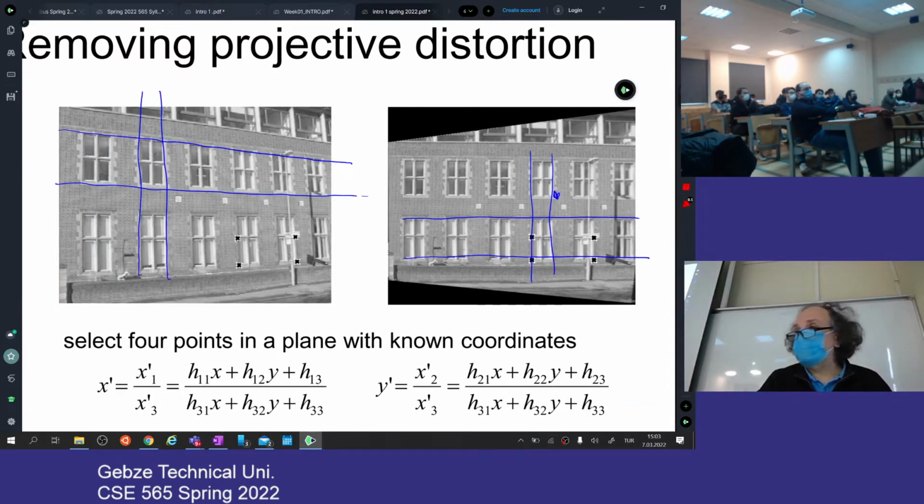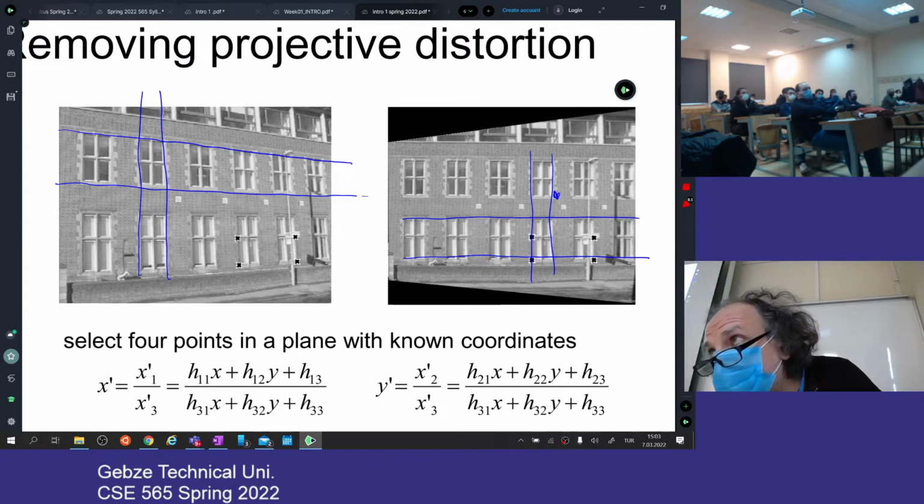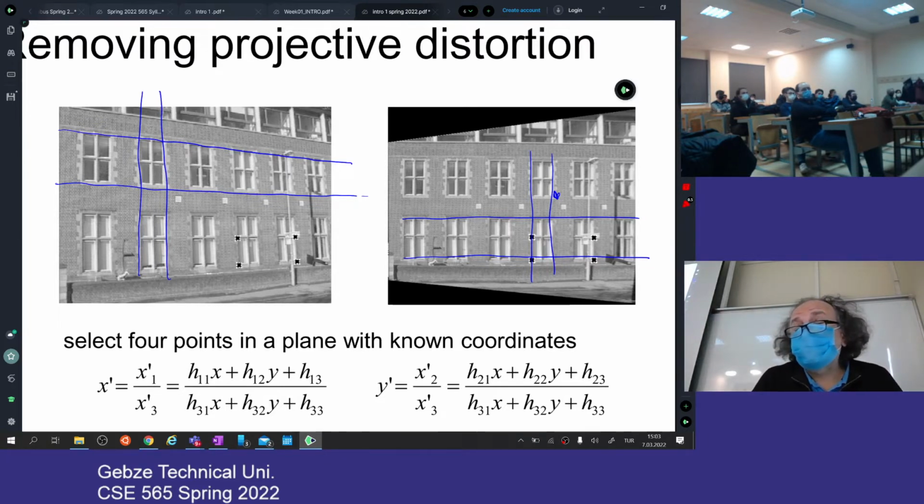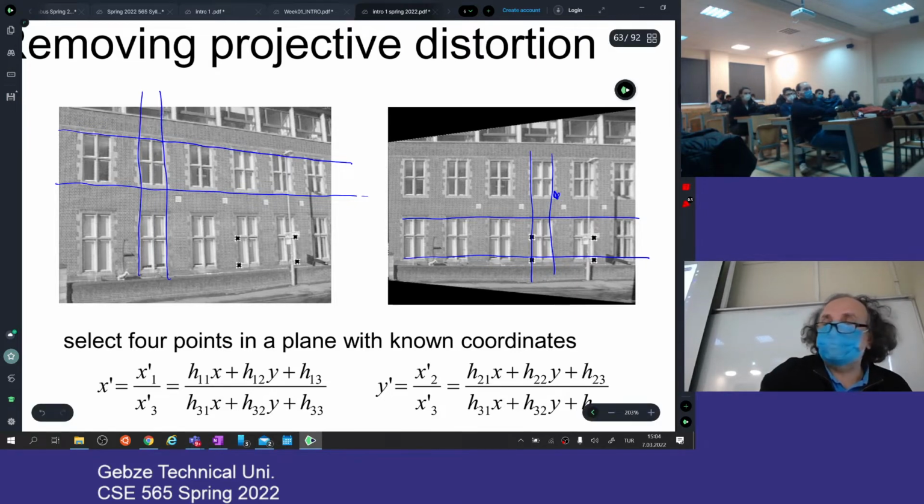Transformation. What's that? H transformation. By multiplying matrix H. So I should come up with a matrix H which should transform all these points from this image to that image, right? But how am I going to do that?